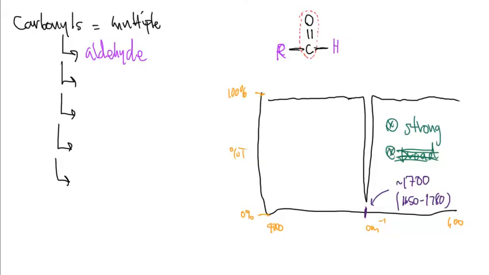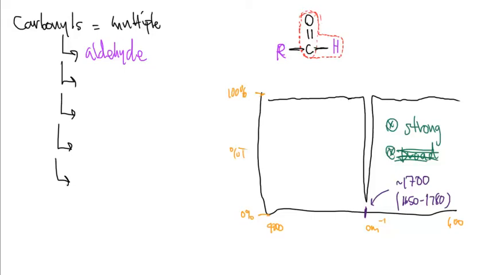So my new functional group is my C double bond O, but what makes this an aldehyde is that that C double bond O molecule is at the end, because a hydrogen is on one side of it.